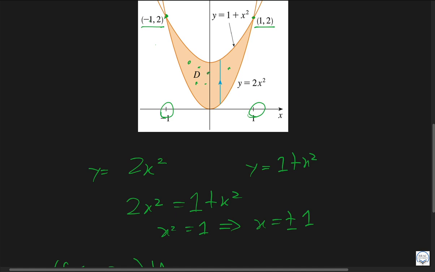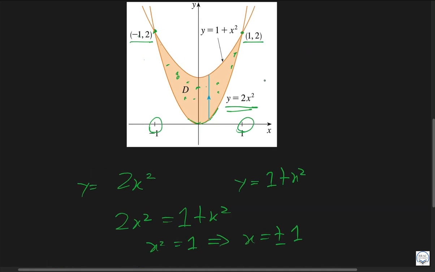As you can see, any point in this bounded region has to be above the curve y equals 2x squared. So the y coordinate of all of these points must be above or on 2x squared, and then it must be either below or on y equals 1 plus x squared.